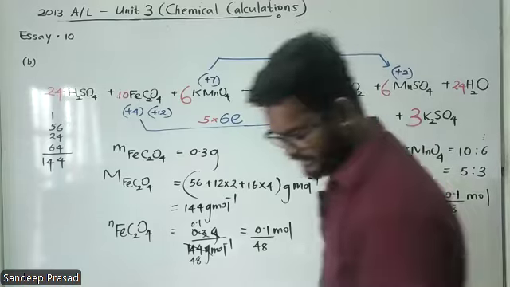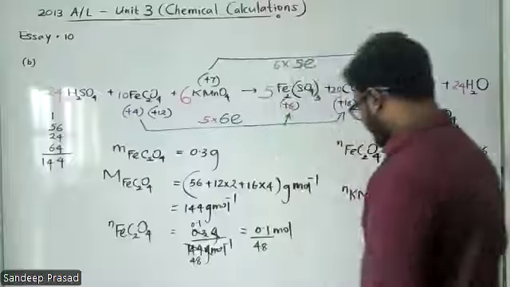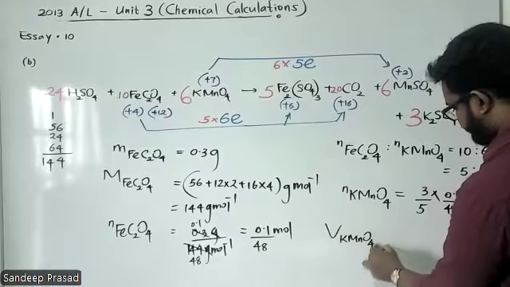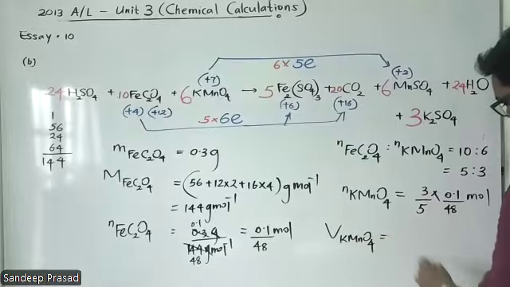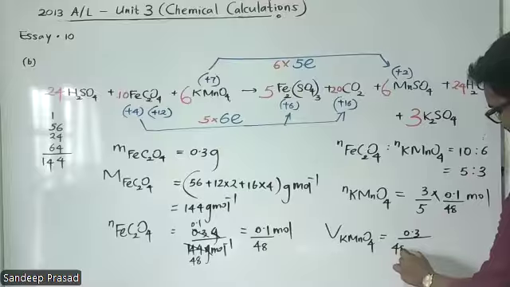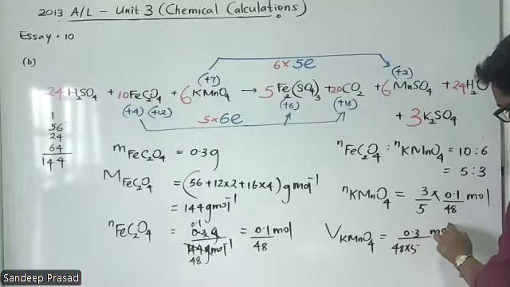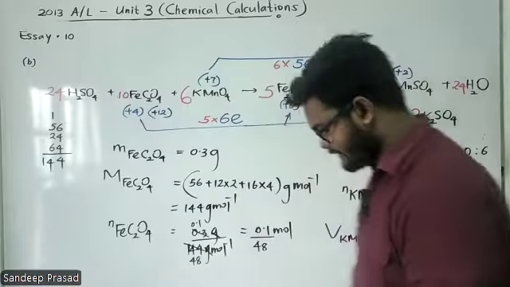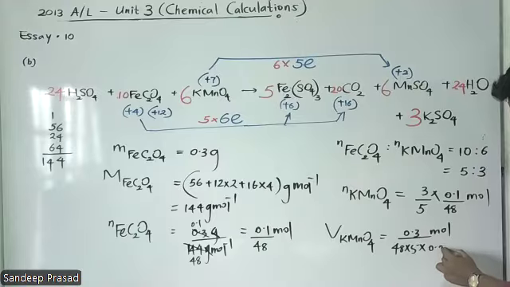Then they're asking here, what is the required volume? Volume equals to number of moles, 0.1 divided by 48 into 3 over 5. Molar concentration they have given 0.025 moles per cubic decimeter.